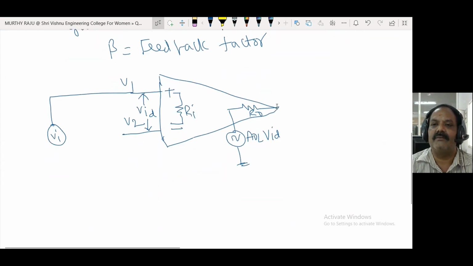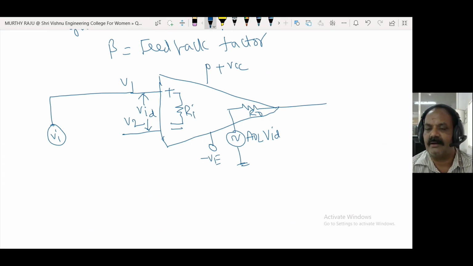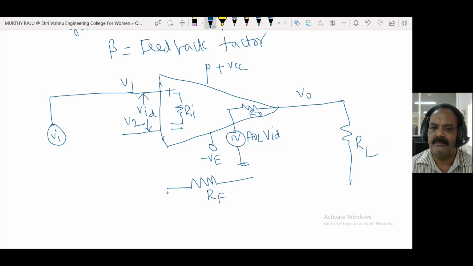Next one is the feedback network. Generally, this one is plus VCC and minus VEE. This is the output stage, the output voltage. At the output stage, we have to connect the load resistance RL. Generally, the feedback network consists of resistive configurations. Resistive configurations means we use RF and R1, a voltage divider circuit.